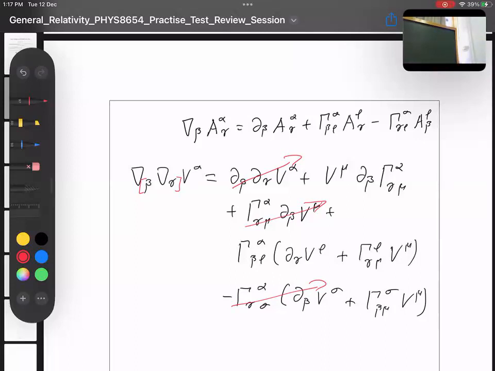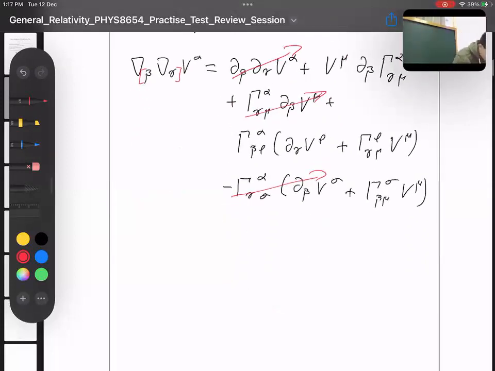And when I gave you the problem, I didn't anticipate how hard it would be to show that this cancels. But in fact, this is symmetric. So if you change alpha, beta, and gamma, this will actually cancel. So I can show you how, but it's really, really hard to see.